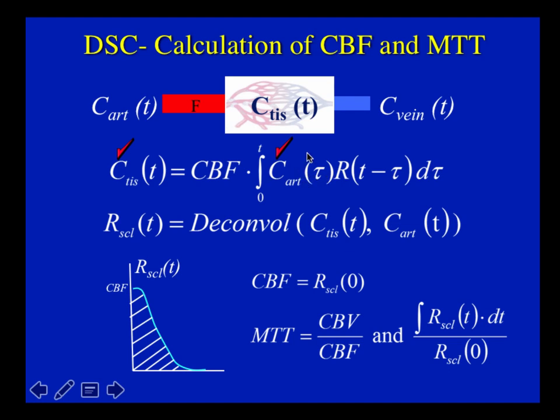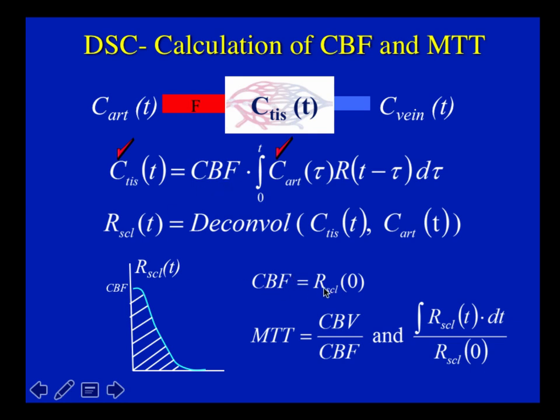So in this case, we know the tissue concentration curve, we know the arterial input function, and therefore we can obtain this residue function by deconvolving the arterial input function from the tissue concentration curve. So after deconvolution, what you get is the scaled residue function, which is scaled according to the cerebral blood flow.